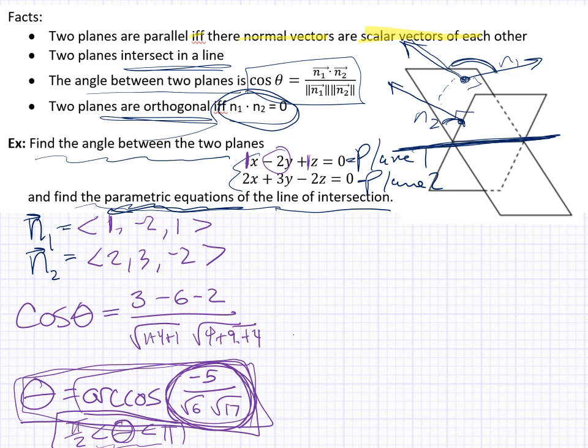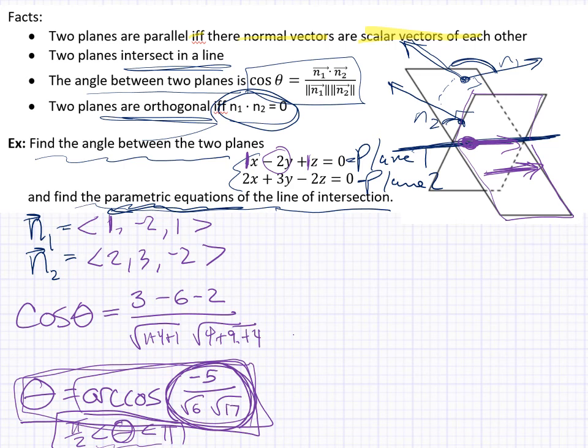Well, what do we need? What we need is a point on that line, and we need a vector parallel to that line. Okay? Well, that vector that's parallel to that line should be on this plane and on this plane at the same time, right? If you think about it, if it's parallel to the line, it could just be on the line.